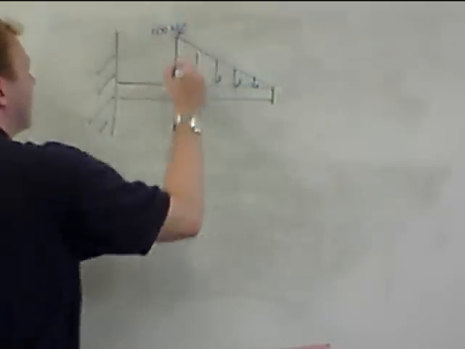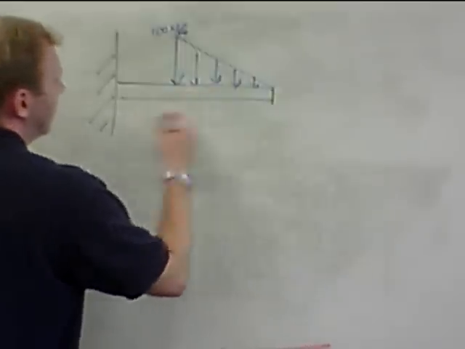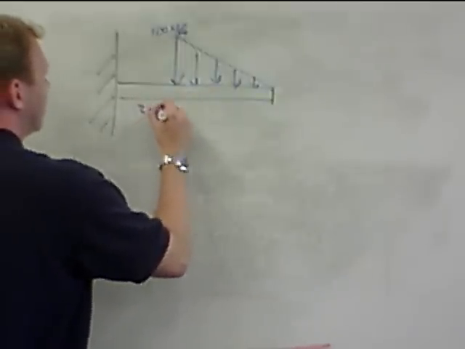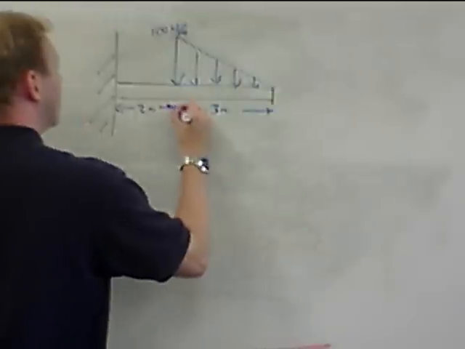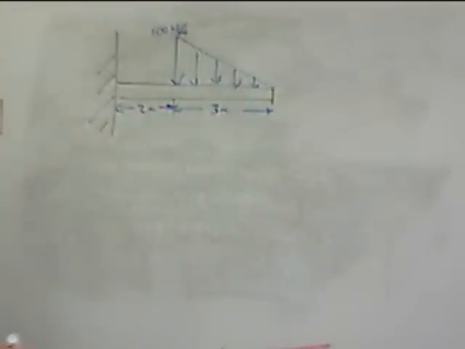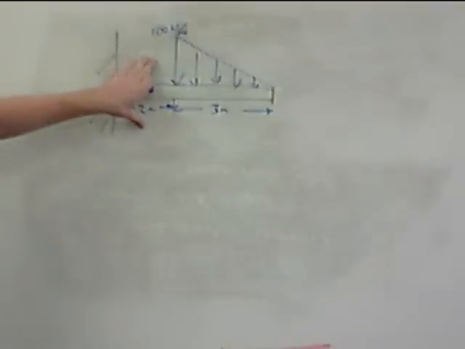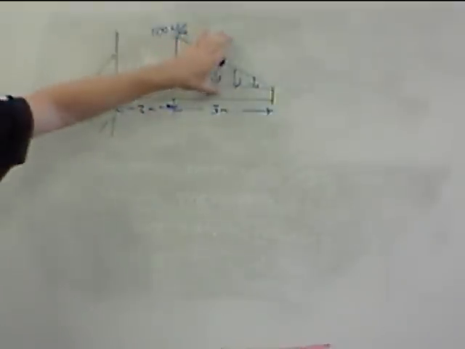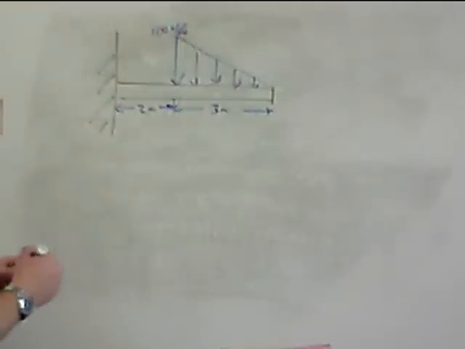Newtons per meter at the top. Okay, and then say this is 2 meters to where it starts, 3 meters in length. So this piece over here is not part of it, there's no loading here, so it really doesn't matter to our problem right away. Because all we're doing is simplifying this distributed load into a force and its location.